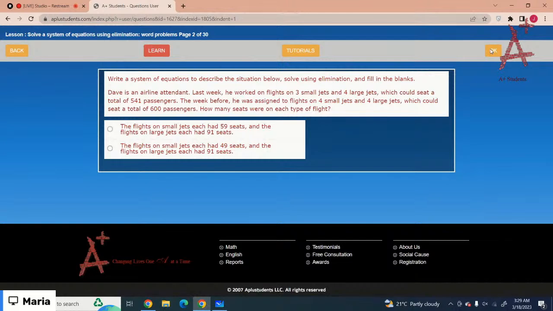This week he was assigned to flights on 4 small jets and 4 large jets, which could seat a total of 600 passengers. How many seats were on each type of flight? So 3 small and 4 large. So it is 3x plus 4y equals 541.